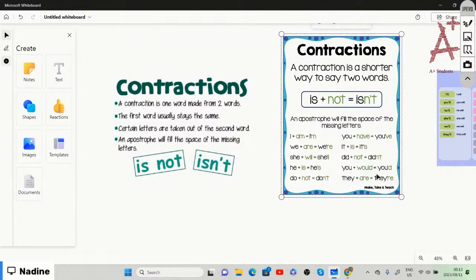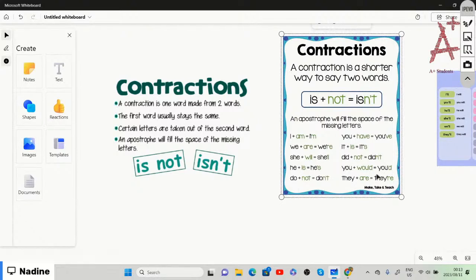Instead of saying I am, we can say I'm. An apostrophe will fill the space of the missing letters. And remember, we said that the first word usually stays the same. We have a few examples of contractions, which are shorter ways to say two words.